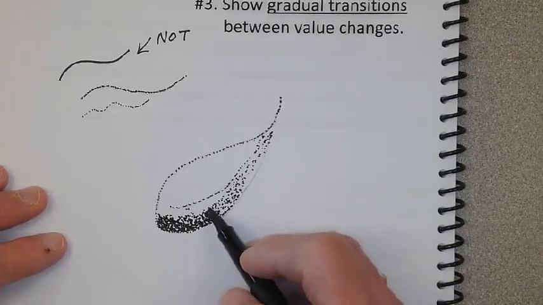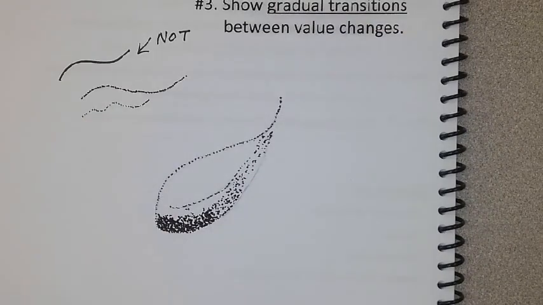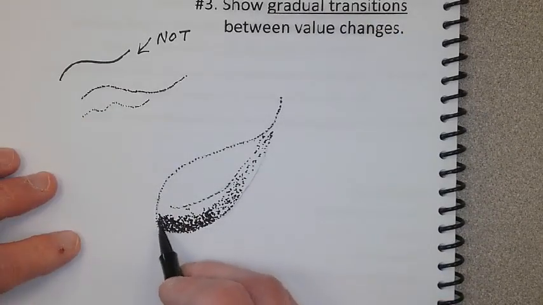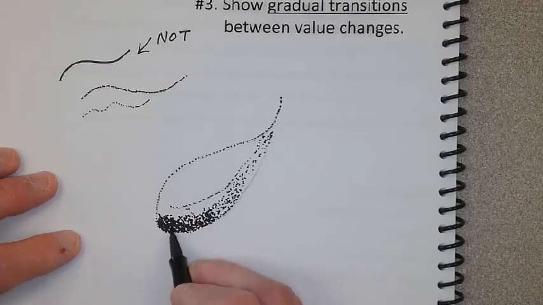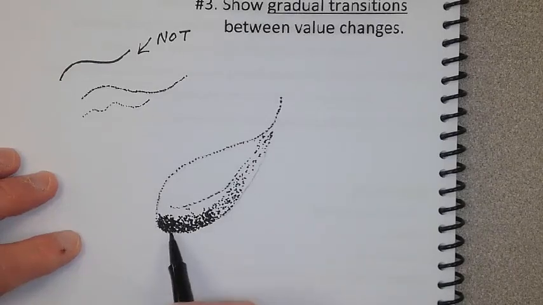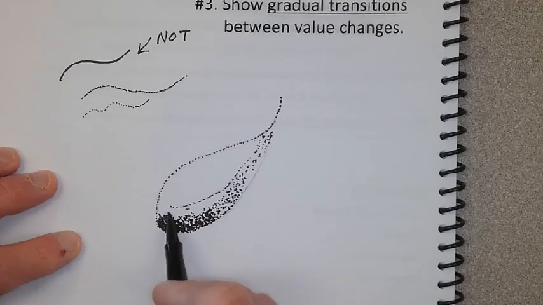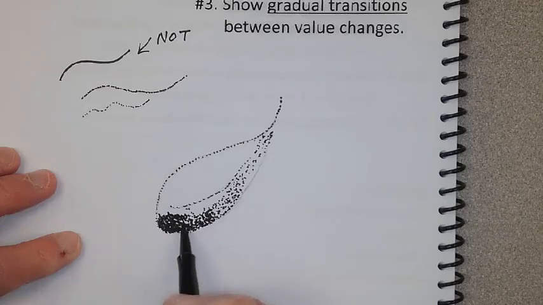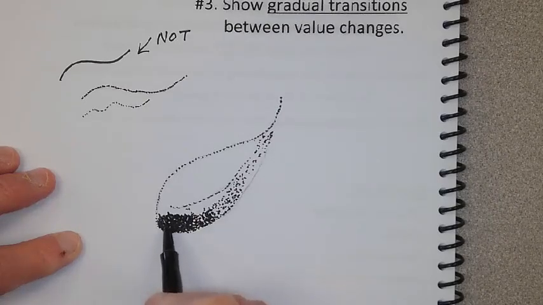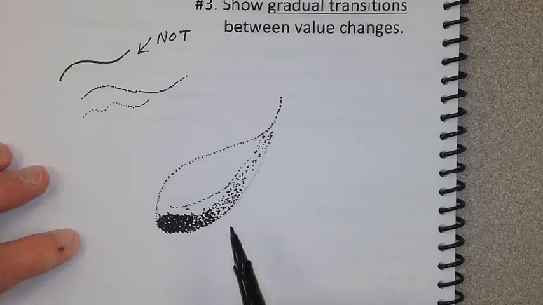Now notice what I mean when I say gradual transitions. What you don't want to do, and I'm going to try to make a mistake here, is if it's not a gradual transition, I will block in. Now I am going for a dark value, but notice I didn't take my pen and go like this.